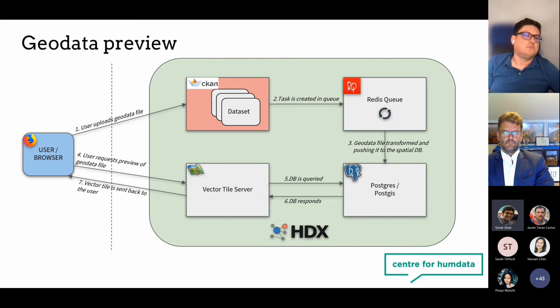And when a user, logged in or logged out, loads the public dataset page, which has geodata preview enabled, the browser basically makes a request to our vector tile server. The database is queried and a response is returned. And now the browser is going to receive the requested vector tile in a simplified and also compressed response to allow speed and not to block the user's browser. We are not displaying all the information from the beginning.